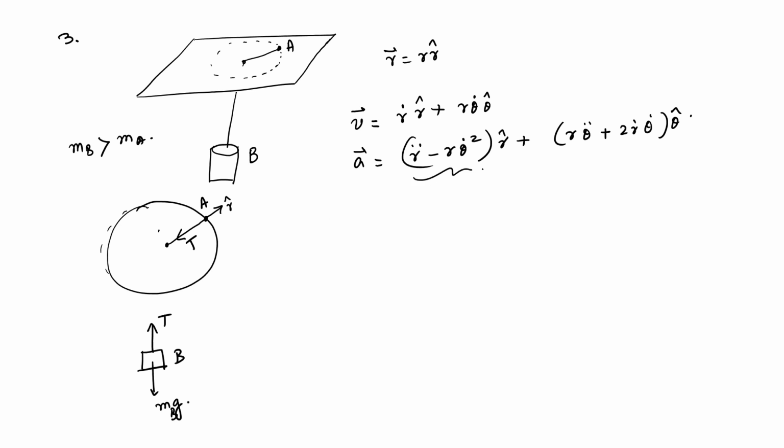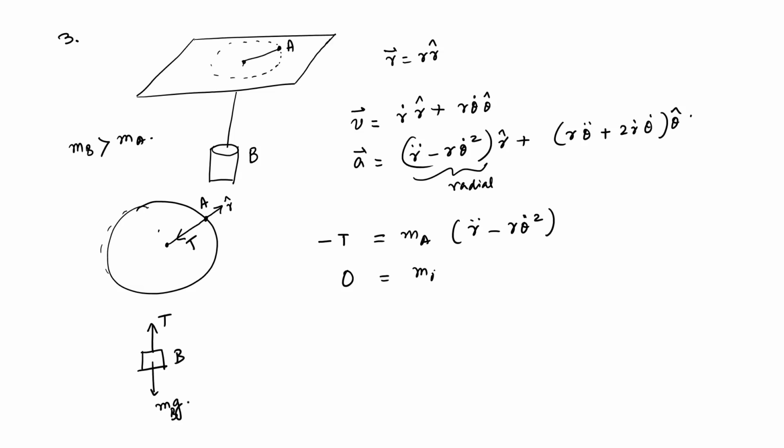So, this is the radial acceleration which now supports the tension. There is a tension which is minus T, because you measure always along the outward drawn normal, and this is equal to m A times (r double dot minus r theta dot square). That is the radial part, and there is nothing for the tangential part.